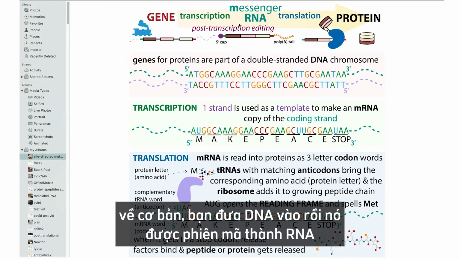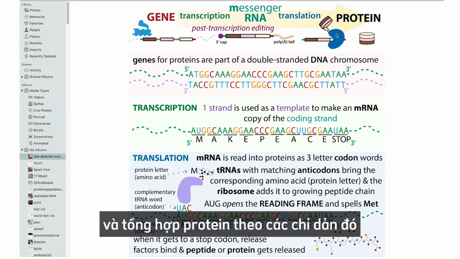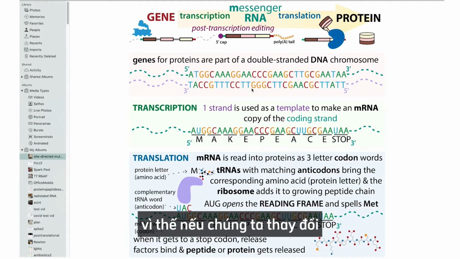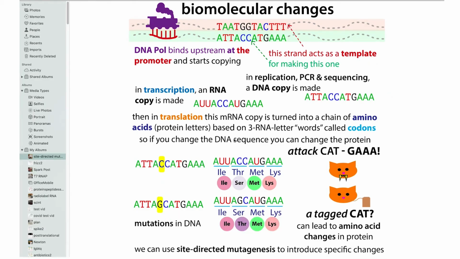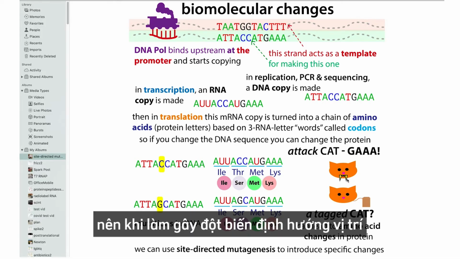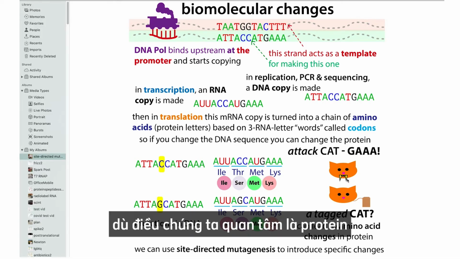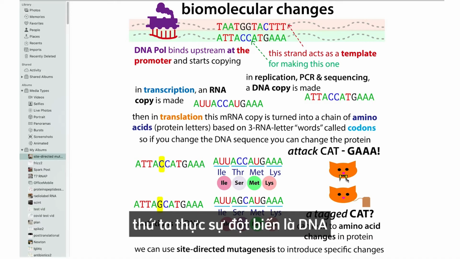But basically, you put in the DNA, and then it gets made into RNA, and then the ribosome goes along and makes protein following the instructions in that. So if we make changes to the DNA that we put in, then we can make changes to the protein that we get out. So when we're doing site-directed mutagenesis, even though what we care about is the protein, at least in my case, what we're actually mutating is the DNA.